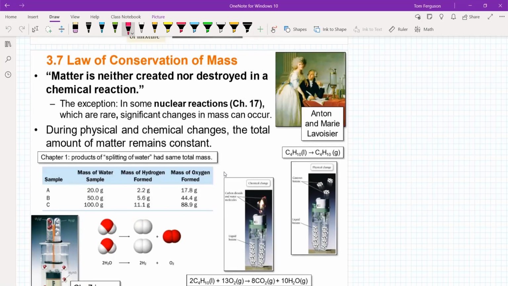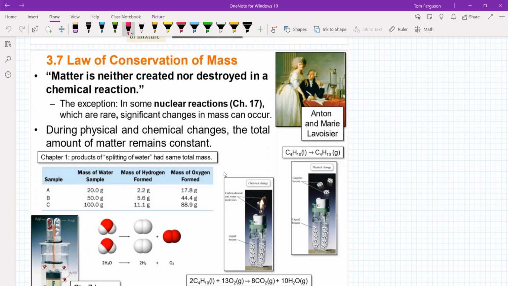Now I want to get back to chapter 3. It got really interrupted last week. Chapter 3 is a little bit more on things like getting into the chemistry more.